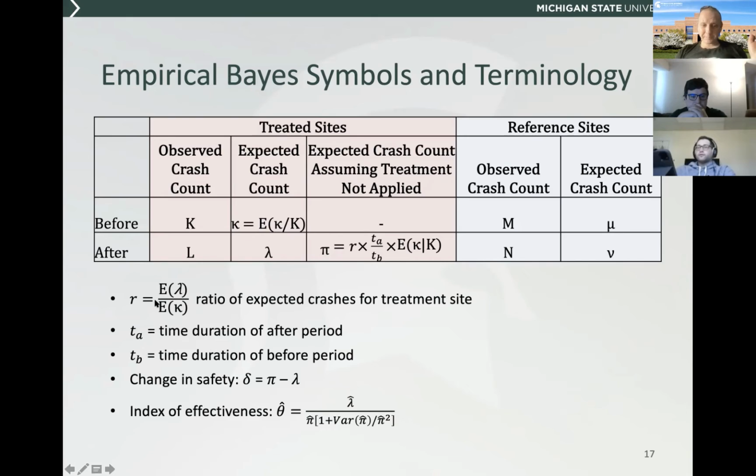And so consequently, this first adjustment here is very similar to the R that had been introduced previously. And so we would take the information for the sites where the treatment was applied, and we would use it to estimate how many crashes we would expect to see in the after period divided by how many crashes we would have expected to see in the before period, okay?